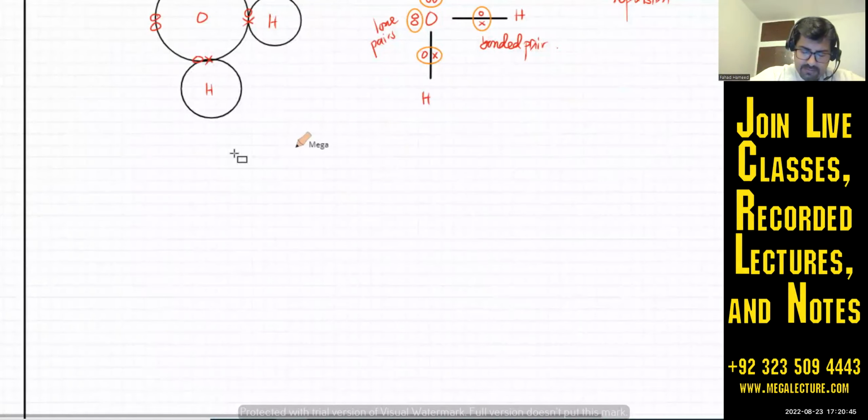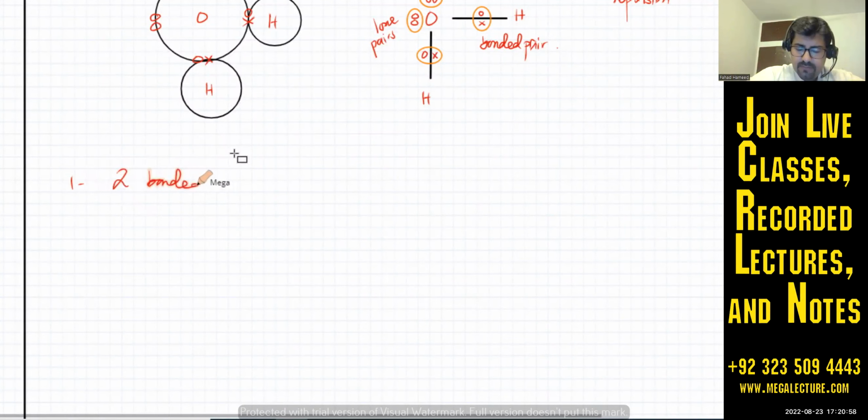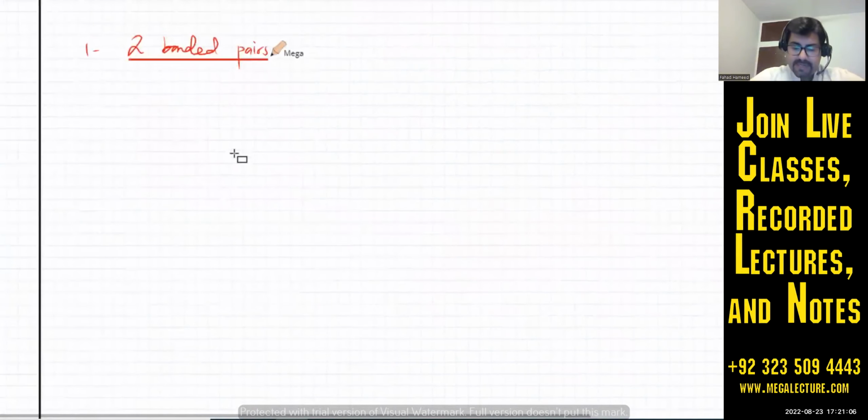Let's talk about the first example, and we're going to try and predict what the shape is going to be. If you've got two bonded pairs in a molecule, just two bonded pairs, an example is beryllium.